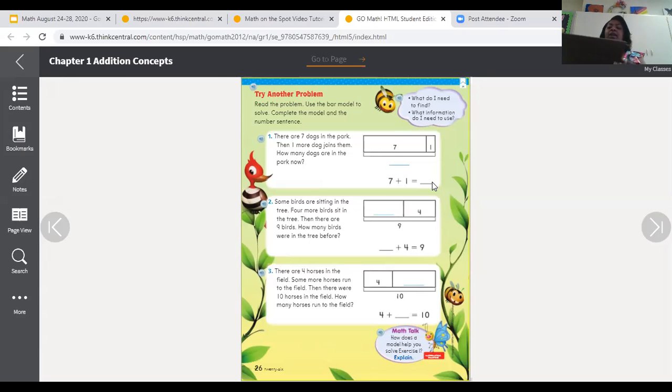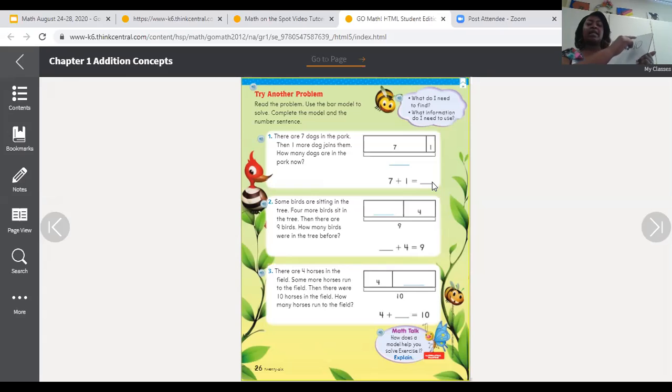All right. So we know that there were 4. Then there were some horses. And we know at the end there was a total of 10. So we're trying to figure out how many horses came to run on that field. So I have 4 that were there.